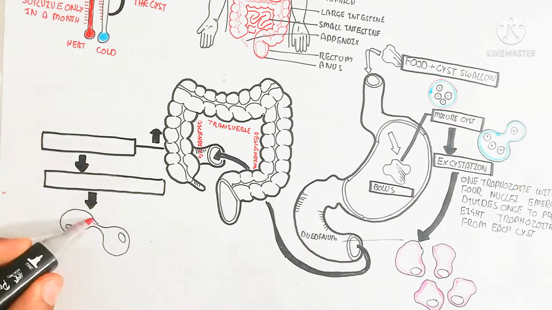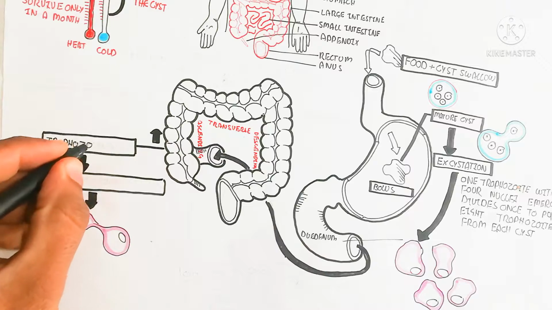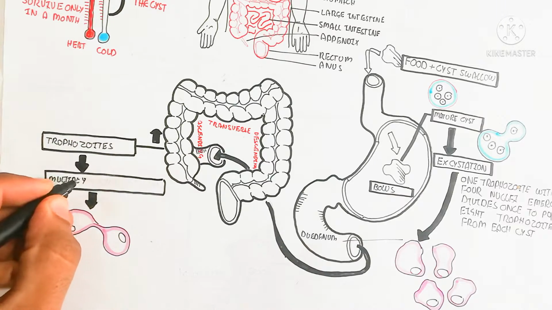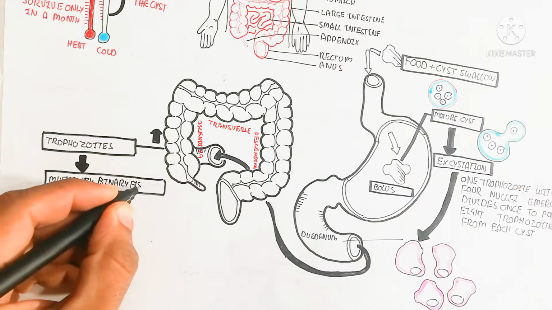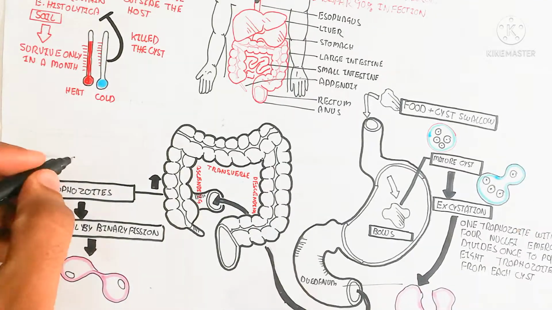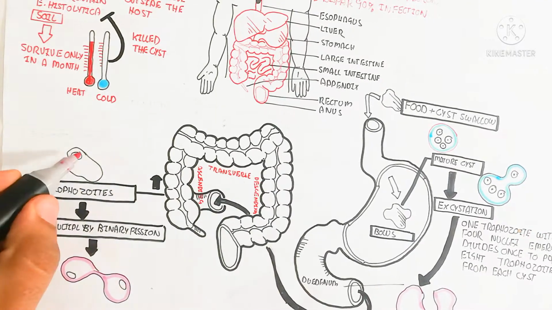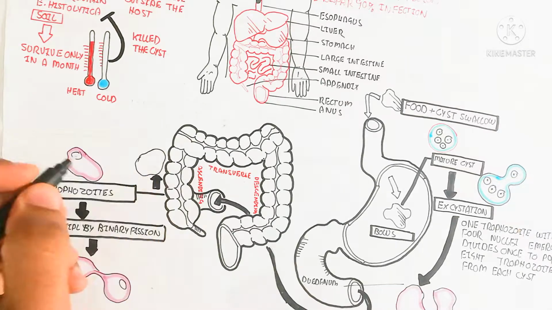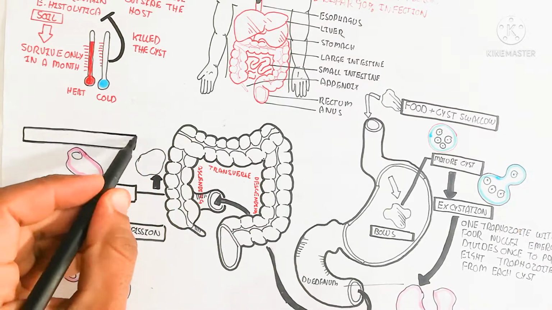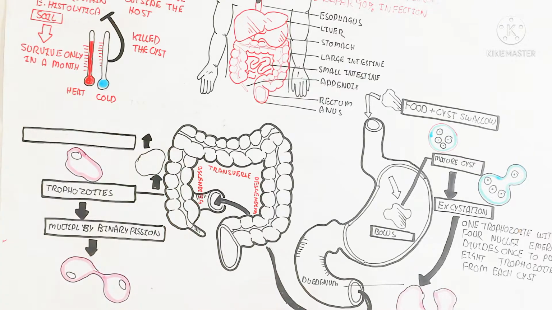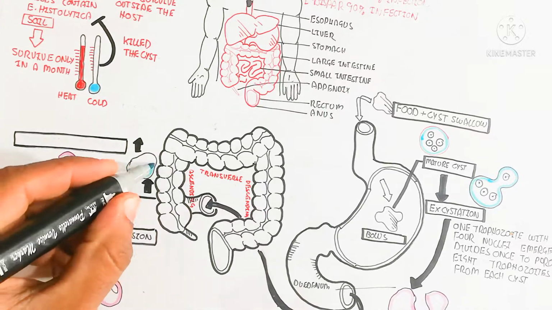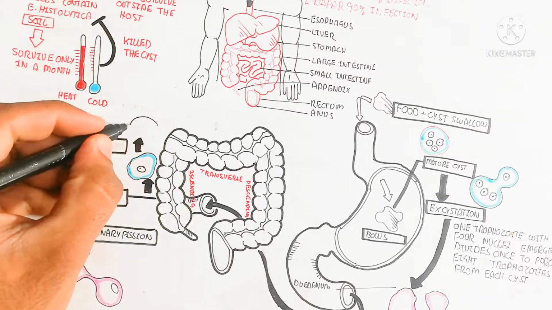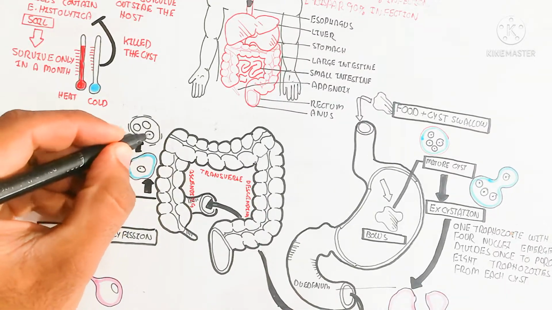This asexual reproduction increases the trophozoites in the large intestine, while encystation and immature cyst formation also occur. The trophozoites convert into cysts.